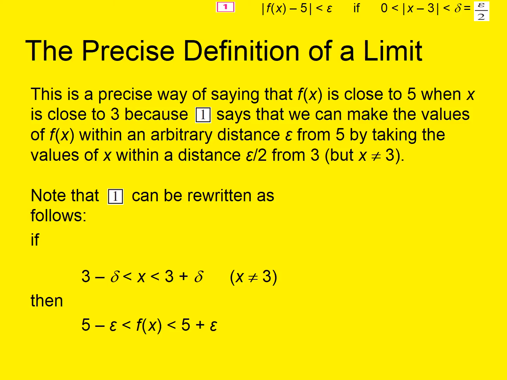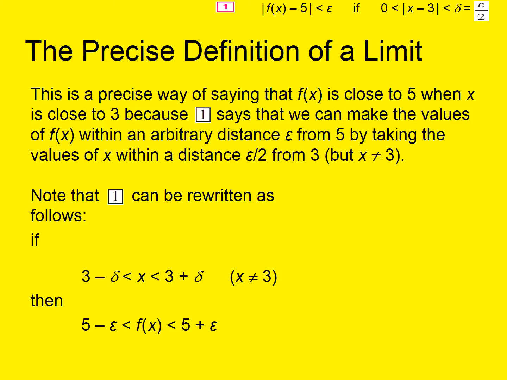After that, it would be okay to think about your favorite ways of saying that the limit as x approaches some number a of f of x is equal to L.